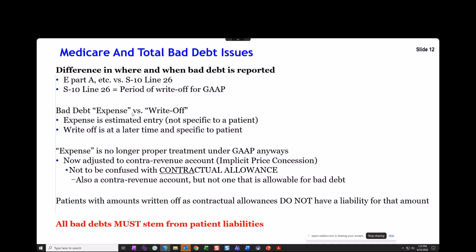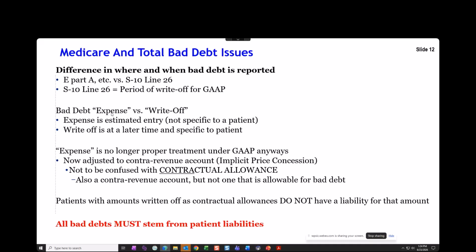One of the other confusing things that CMS has recently corrected is the erroneous use of the word expense. None of these, E-Part A, S10 line 26, none of them were ever supposed to be a bad debt expense number. That's a GAAP term, and that refers to when the expense was estimated, not when the actual write-off took place, which could be quite a ways after that.